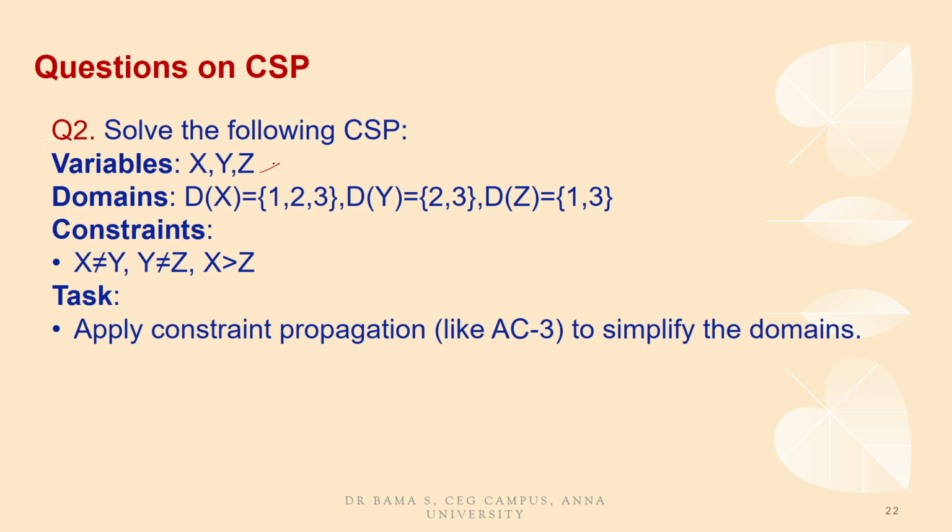We have 3 variables x, y and z just like what we solved now, with d of x as 1 2 3, y as 2 3 and z as 1 3, with the following constraints: x is not equal to y, y not equal to z and x greater than z. For this apply a constraint satisfaction algorithm like AC3, and after AC3 see how the domain values get fixed. So, these 2 questions can be solved using the CSP approach.